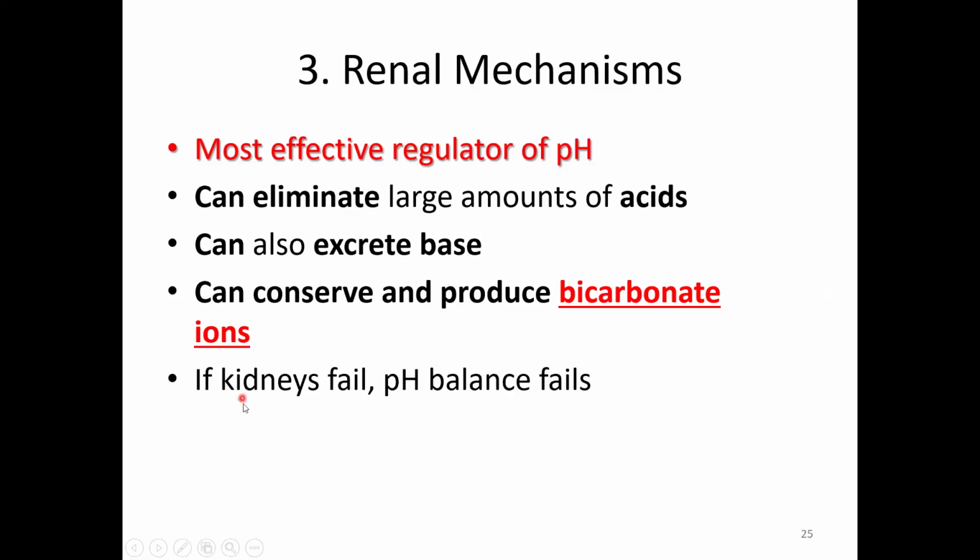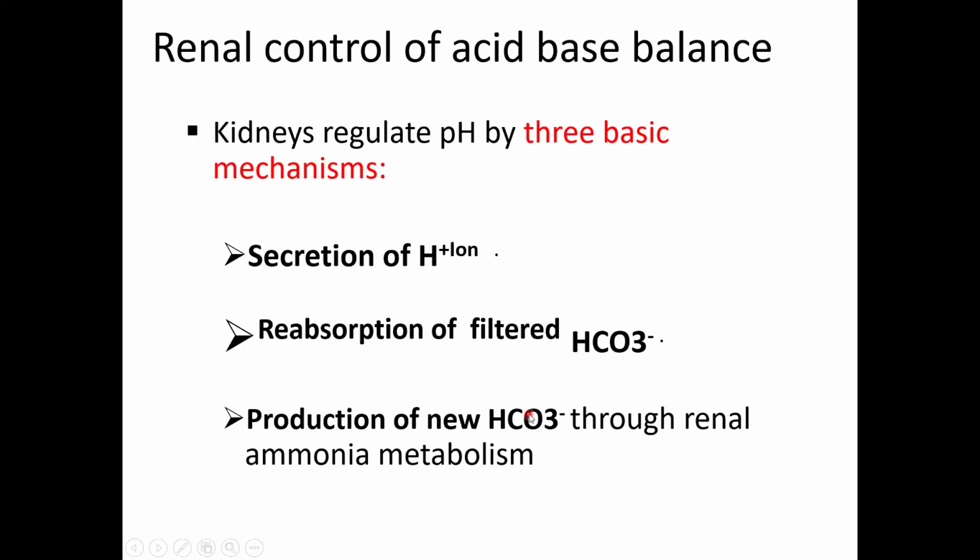That's why, because this is the most effective regulator, if the kidneys fail, pH balance fails. How do the kidneys compensate? By the secretion of hydrogen ions, reabsorption of bicarbonate ions, and production of new bicarbonate ions, through renal ammonia metabolism. Renal ammonia metabolism can produce bicarbonate ions, which you have already done in the urea cycle.